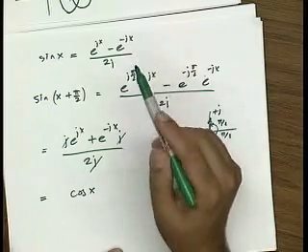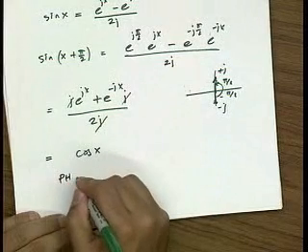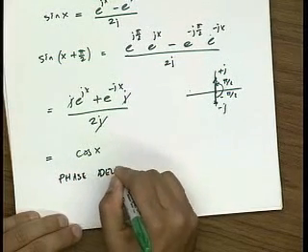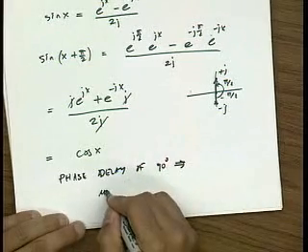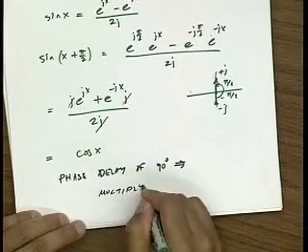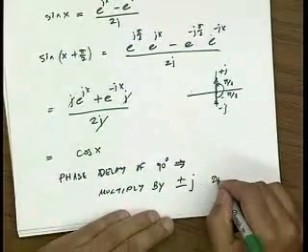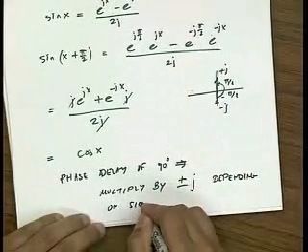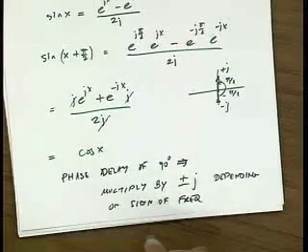So basically what we can say is a phase delay of 90 degrees is like multiplying by plus or minus j, depending on the sign of the frequency. Okay?